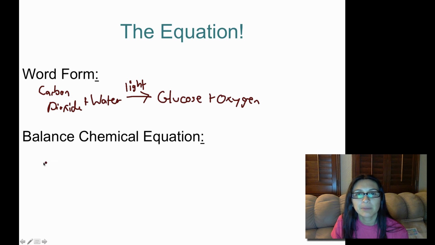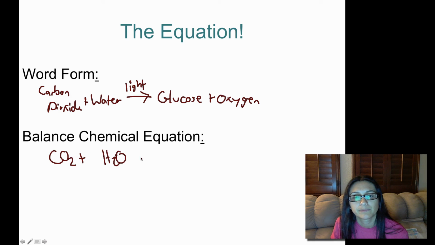All right, the balanced chemical equation. So carbon dioxide is written as CO2. Water is written as H2O. Arrow with light over it, our energy that's going to be trapped and converted. Glucose, remember C6H12O6, plus oxygen.